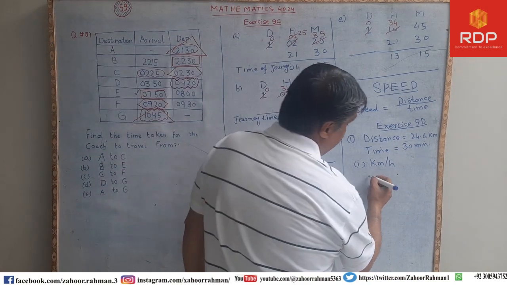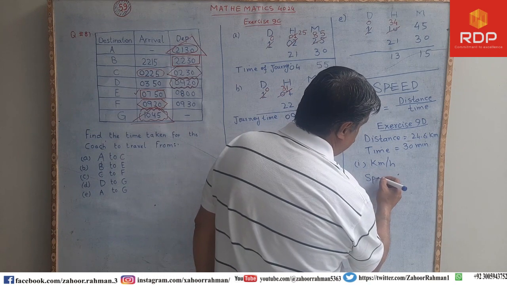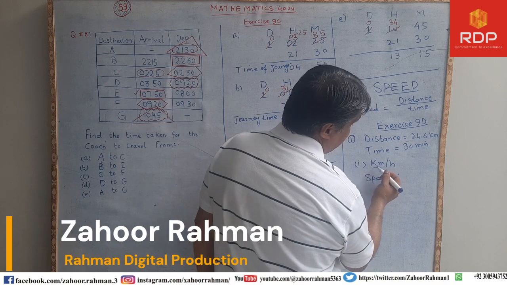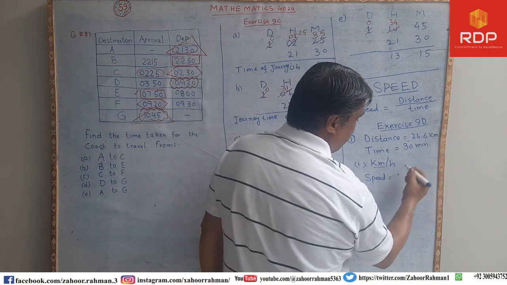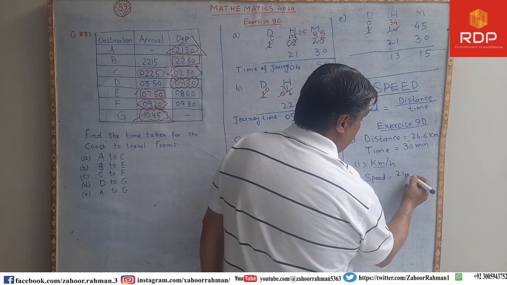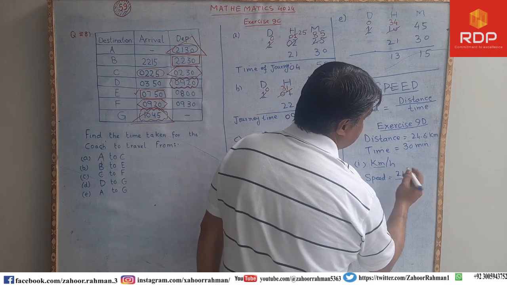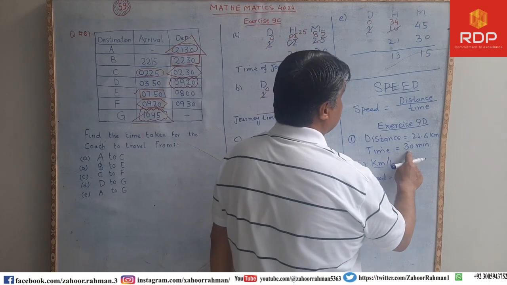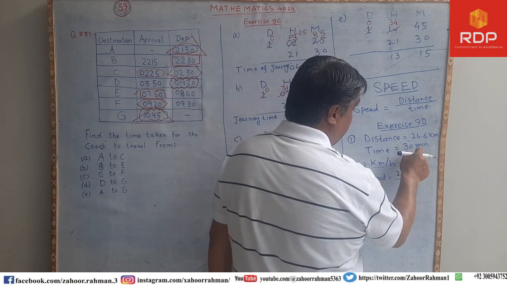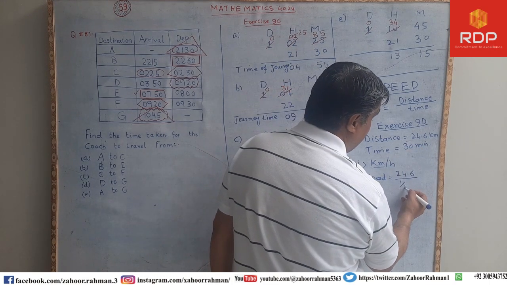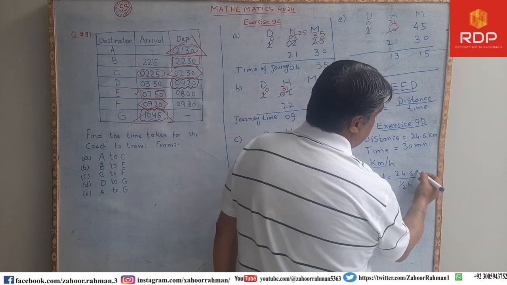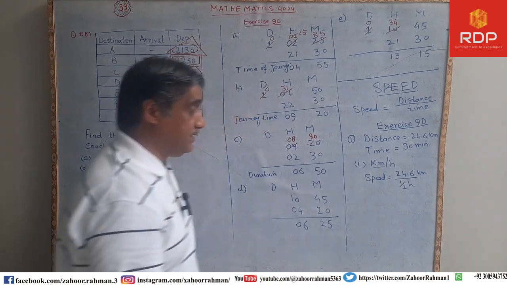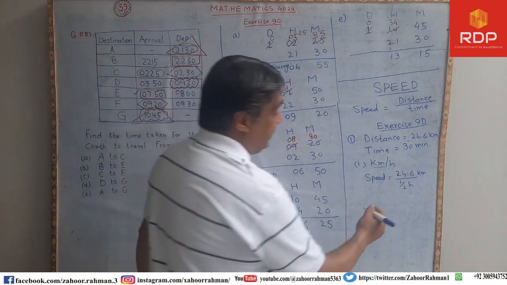Ladies and gentlemen, in this case, speed is equal to, because above is kilometer, that's okay. We don't have to change it, 24.6, but here we have 30 minutes. We have to convert, and that will be half an hour. So that will be kilometer per hour, and that is what we are required.